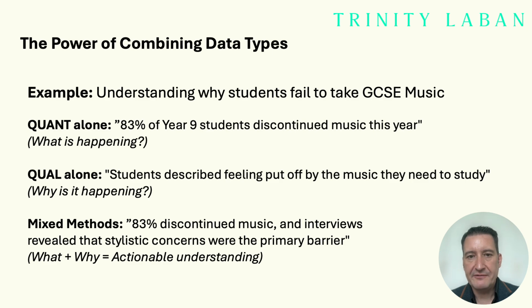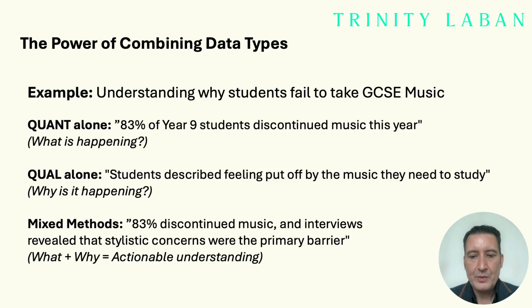But what you wouldn't know from that data alone is how widespread that feeling is. Is that feeling about stylistic worries a primary barrier for most students, or is it just that you happened to interview the 3 or 4 students that had that particular concern? So what you might be able to do now with mixed methods is start to combine some of this data.